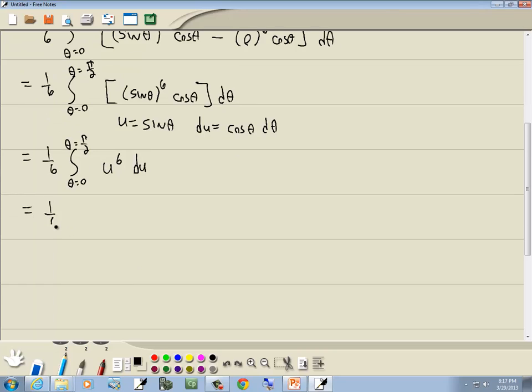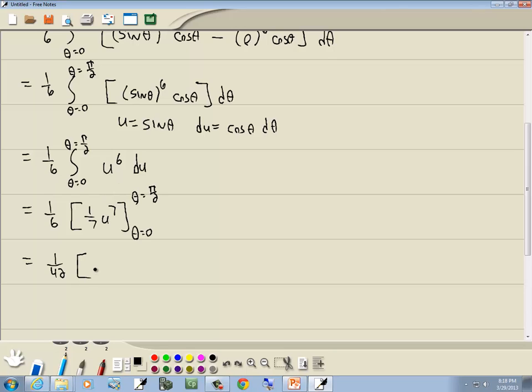Well, we add 1 to our power, divide by our new power, so we got 1/7 u to the 7th, theta is equal to 0 to theta is equal to pi over 2. Again, I cannot plug these in because we're plugging them in for theta, so we need to plug our u equals back in first. Actually, I'm going to go ahead and put that 1/7 out in front. So 1/6 times 1/7 gives us 1 over 42. And we're left with the u to the 7th.